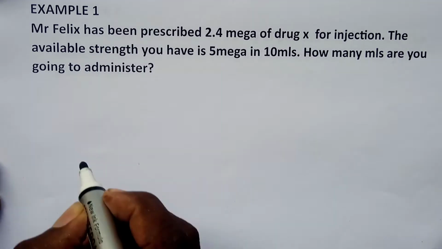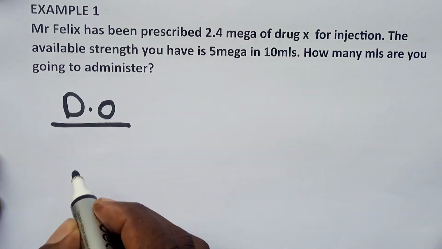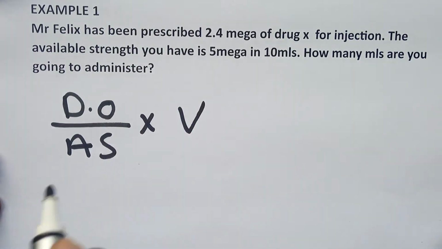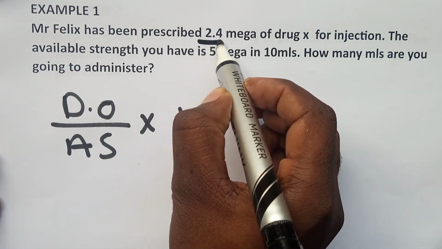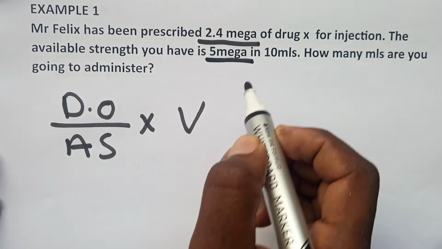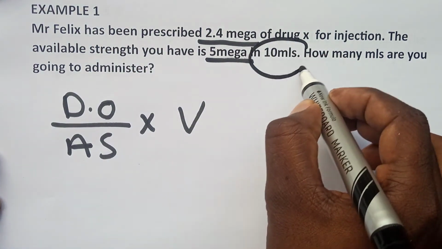Our formula is doctor's order over the available strength times volume. What's our doctor's order from this question? The doctor wants us to give 2.4 mega. And what's our available strength or stock? It's 5 mega. And our total volume is 10 mils.